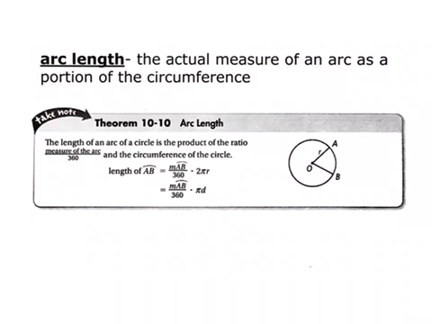So the length of an arc of a circle is the product of the ratio of the measure of the arc divided by 360, multiplied by the circumference of the circle. So we're going to use this formula: measure of arc over 360 times 2 pi r, or measure of arc over 360 times pi times diameter.